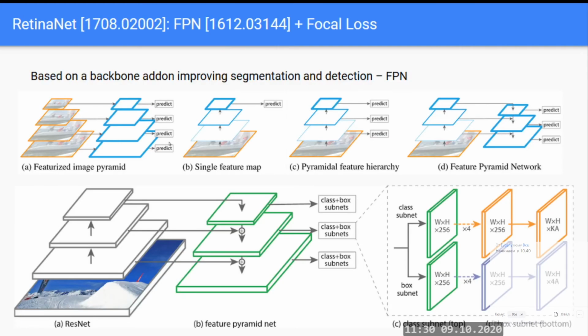Another example of a one-stage approach that could even beat the two-stage Faster R-CNN model is the RetinaNet approach, which is based on the FPN backbone, that is, feature pyramid network. It was proposed in a different article, so it was not first discovered in RetinaNet. Initially we had several approaches to combining outputs from different resolutions, from different feature layers.